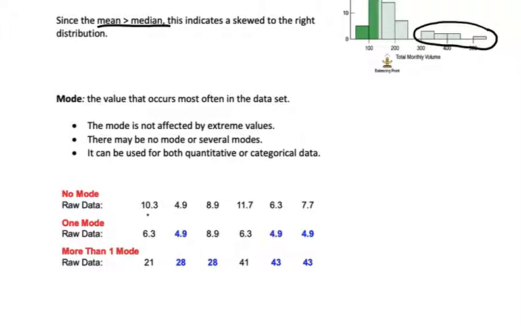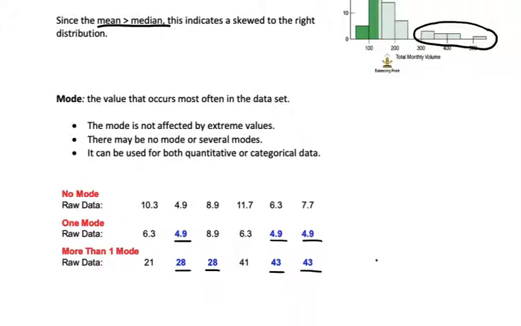So looking at this data set, there's no value that occurs most often because each value occurs exactly once. In the second data set, the value 4.9 occurs 3 times, and so that is the mode. In the third data set, we have the value 28 occurring twice and the value 43 occurring twice. And so that's sort of like a tie.